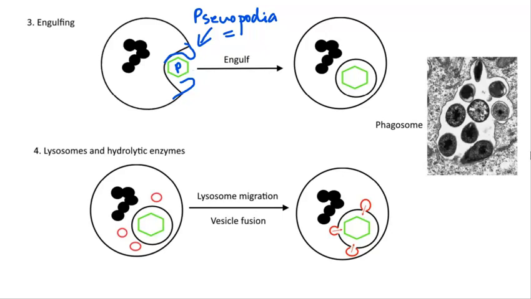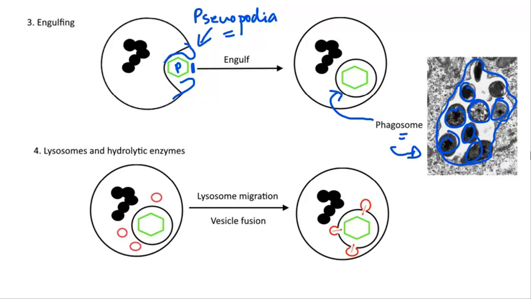This is the engulfing process, and when the membrane meets and fuses, we create this structure called a phagosome. You can see in this micrograph image there's a phagosome within the cytoplasm of the phagocyte, and within that there are a number of pathogen structures located.